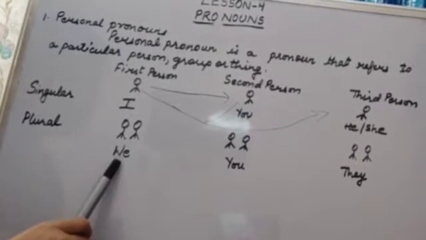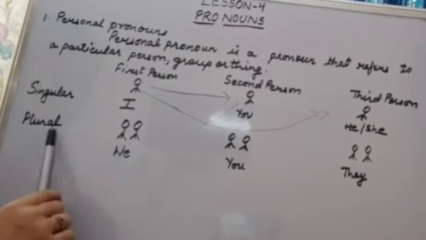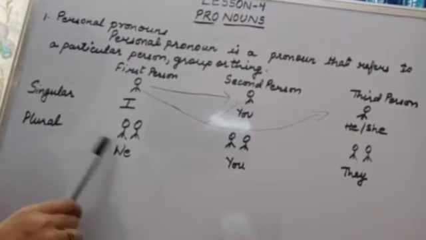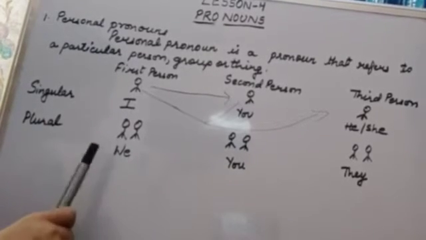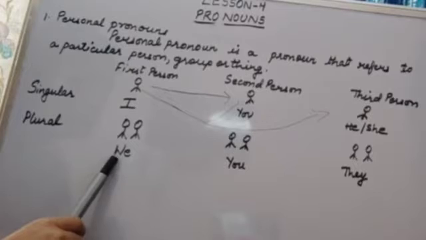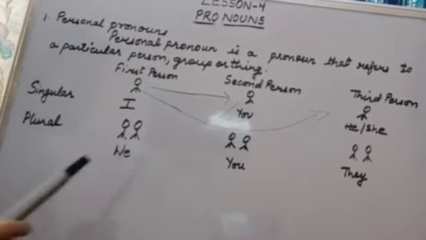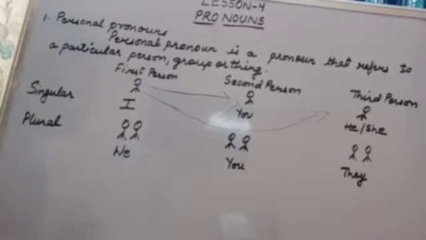So class, the next pronoun is we, and it is in which category? Plural. When are you going to say we? You are going to use this pronoun we when you and along with you there are other persons also, other friends also.